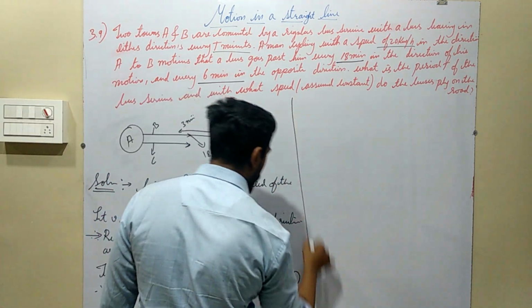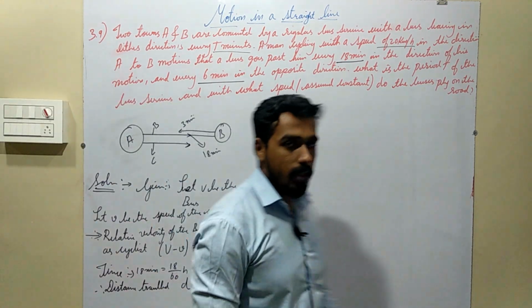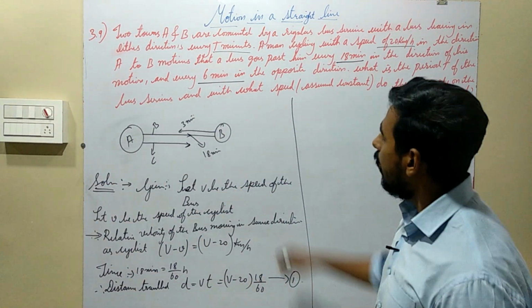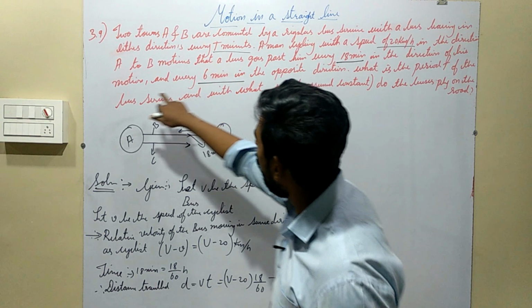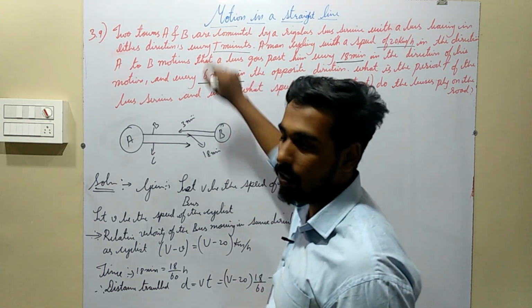Next one, if this is the distance traveled, we will get one more distance traveled at every time t. Where is time t? See here, at every t time.